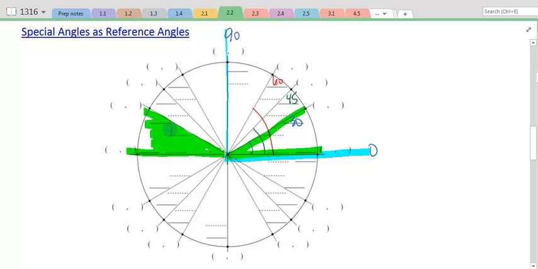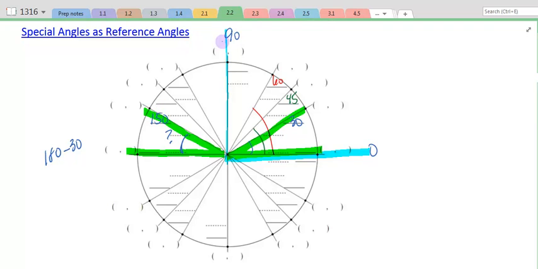So to find out what this measurement is over here, I can go all the way across to 180 and subtract off 30, and I am really sitting at 150 degrees.